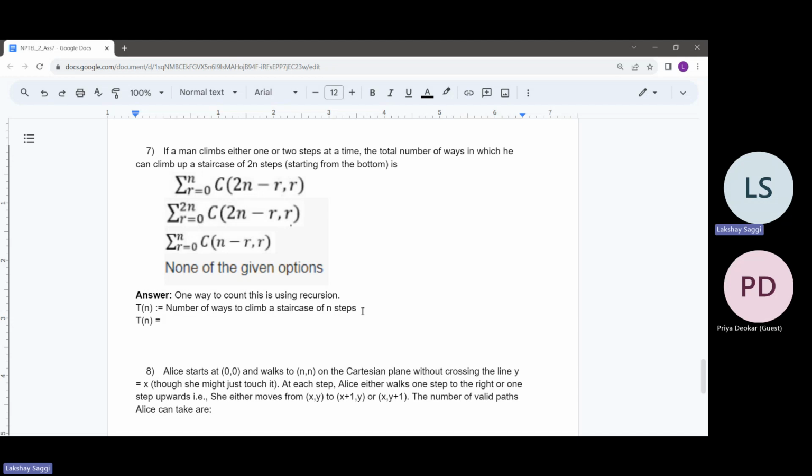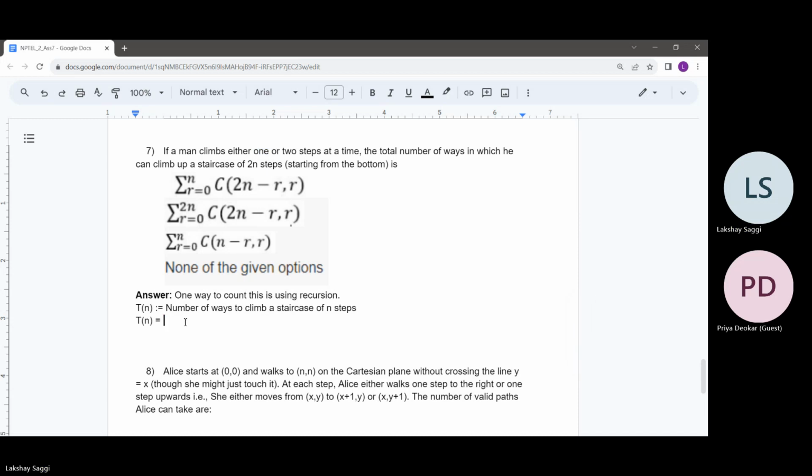To find this T of n value, the first step the man takes will be either one step or two steps, since he has only two choices. If he chooses one step, then there are only n minus one steps remaining to be covered.